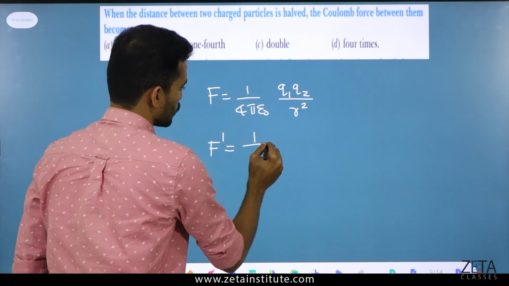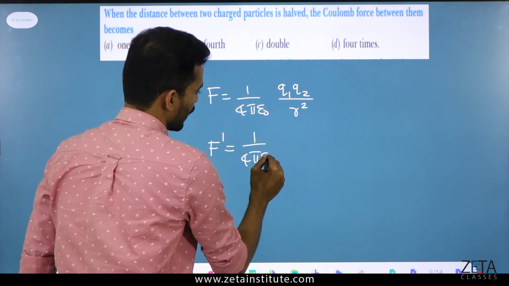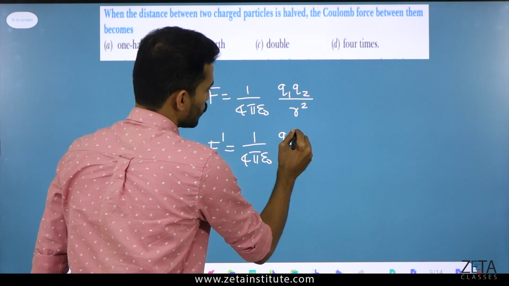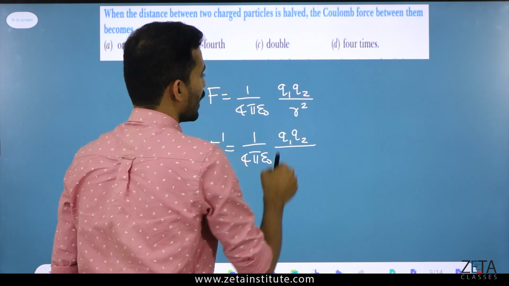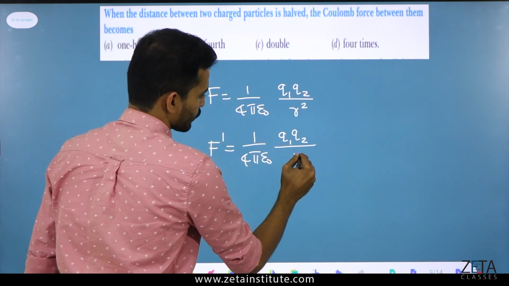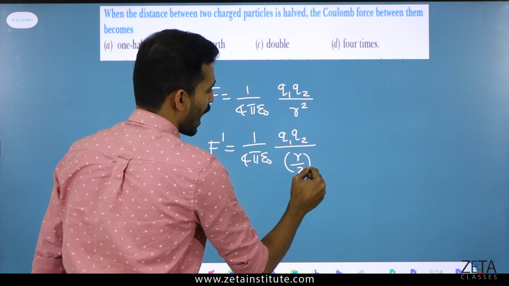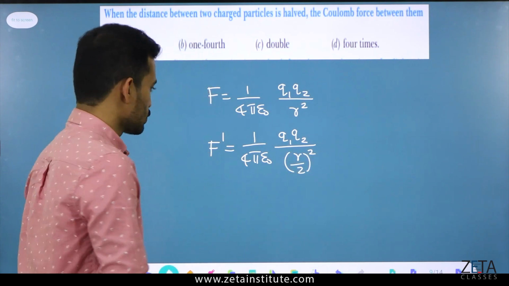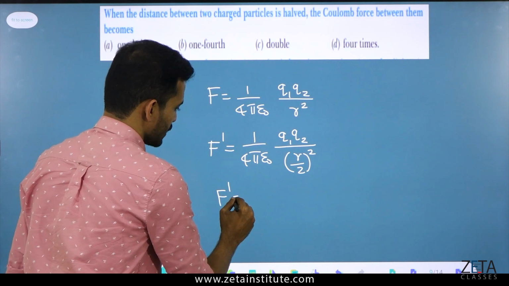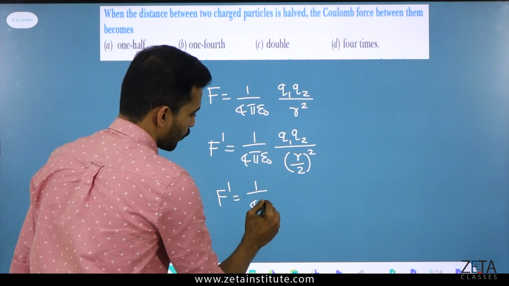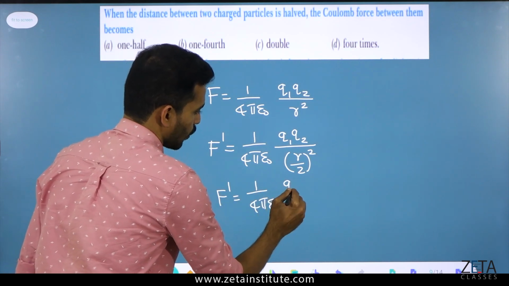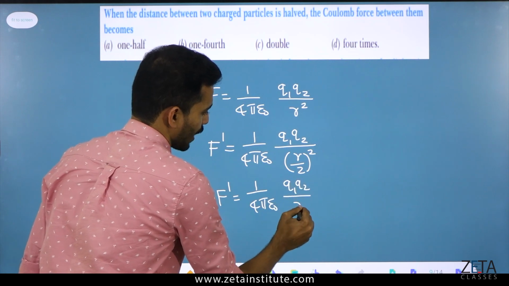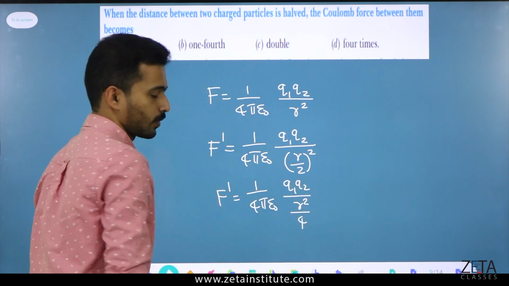Then listen, the new force will be like this. F dash is equal to 1 by 4 pi epsilon 0 Q1 Q2 divided by r by 2 whole square. So F dash is equal to 1 by 4 pi epsilon 0 Q1 Q2 divided by r square by 4.